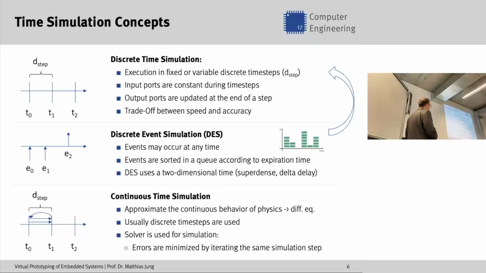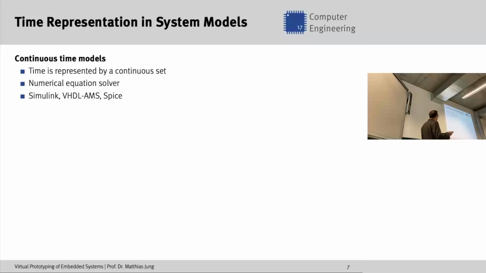There are basically three concepts for how we simulate time in such a simulation. We have continuous time models. We talked about that. Usually we have numerical equation solvers, and languages that support that are Simulink, Verilog or VHDL-AMS, SPICE, and so on and so forth.